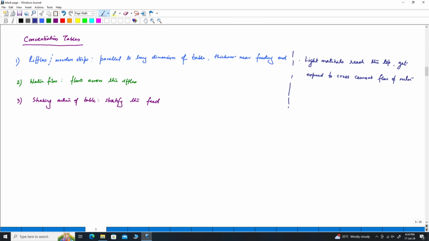This is fate 1, option A, and the other option is if the materials are heavy, so heavier materials settle at the bottom and travel through the riffles.